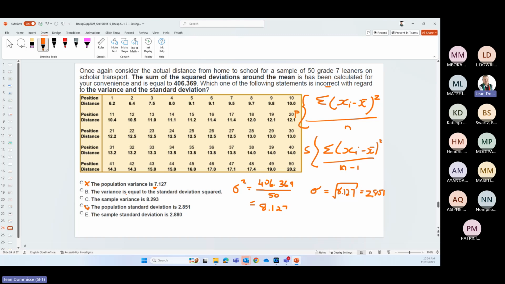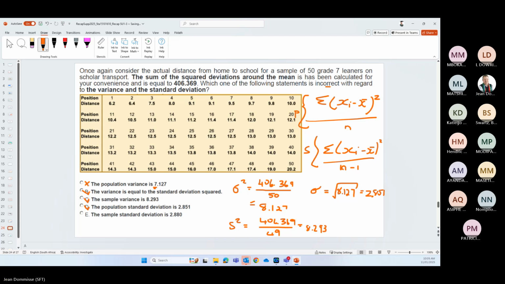The variance is equal to the standard deviation squared that you can see here. The sample variance. Okay, so the sample variance is now the 406.369 divided by n minus 1. So it's divided by 49. So let's see, 406.369 divided by 49 is equal to 8.293.